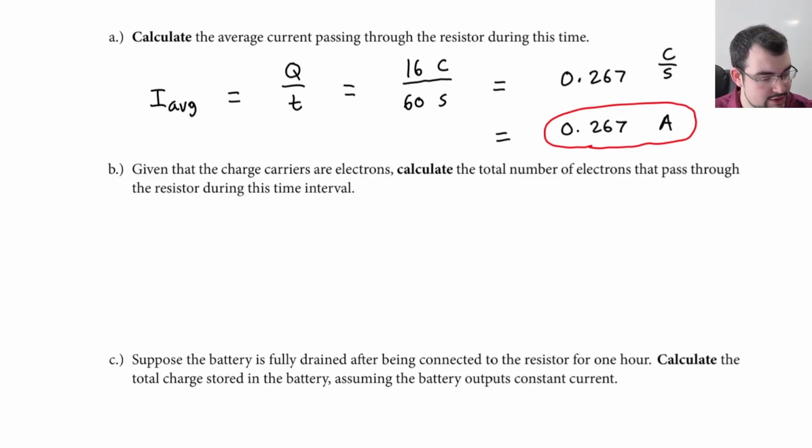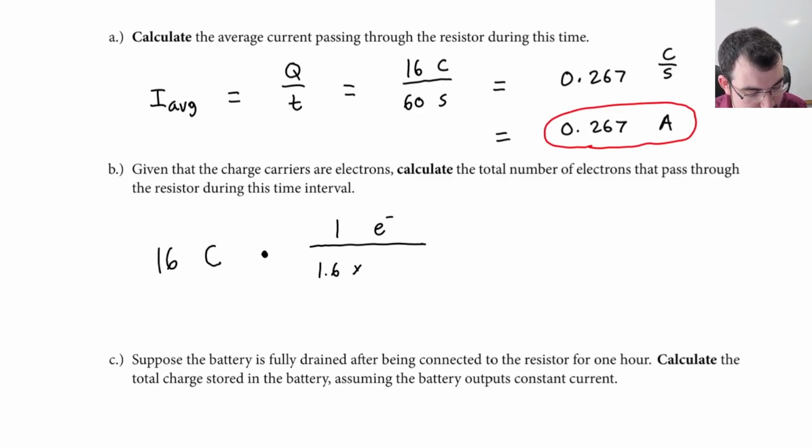And we'll see that here, because if we actually work out the number of electrons that pass through, and that is a fact we'll also talk about later, that in these circuits, it's usually the electrons that are carrying the charge. So there's 16 coulombs of charge that pass through in this time. Well, how convenient, because we actually know that every electron carries 1.6 times 10 to the minus 19th coulombs. And I say how convenient because, of course, I picked this such that this 1.6 is going to cancel that 1.6.